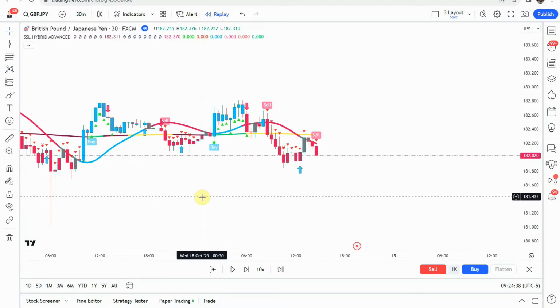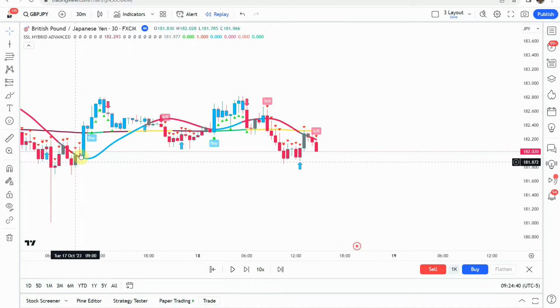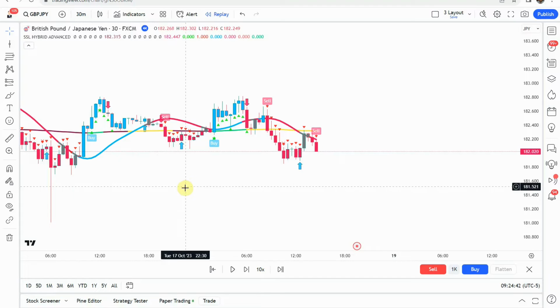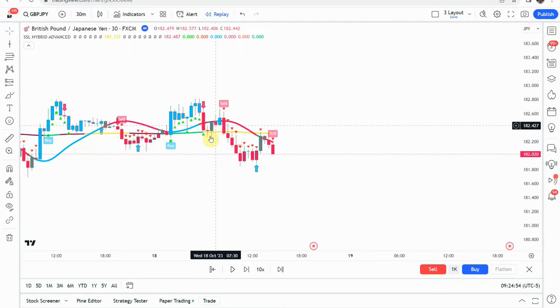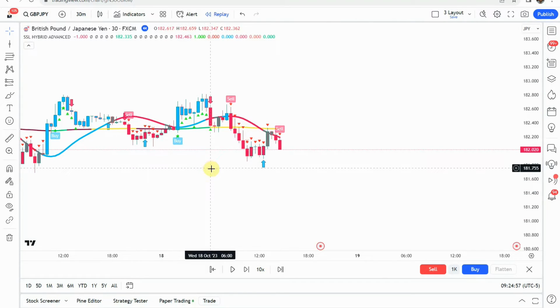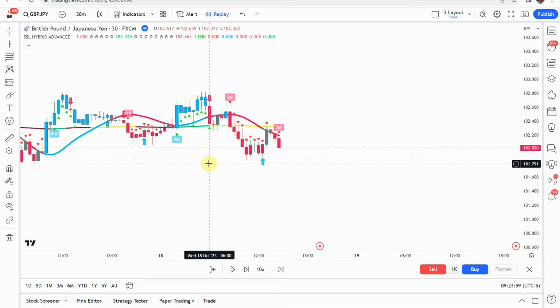The rest of the visual components of this indicator you could technically turn off, but specifically we are looking for just these buy and sell signals right here. Once we get those, that is going to give us our definitive trade entry.